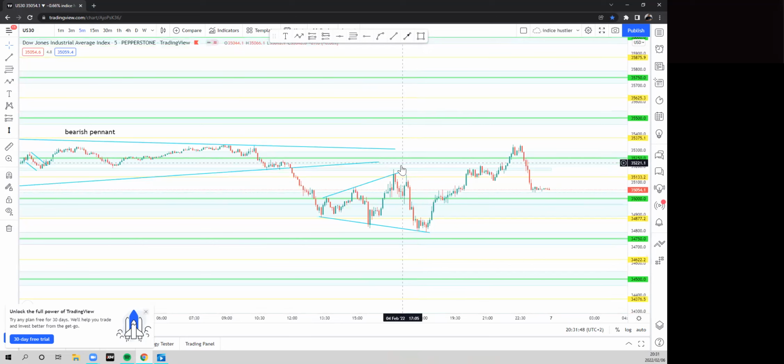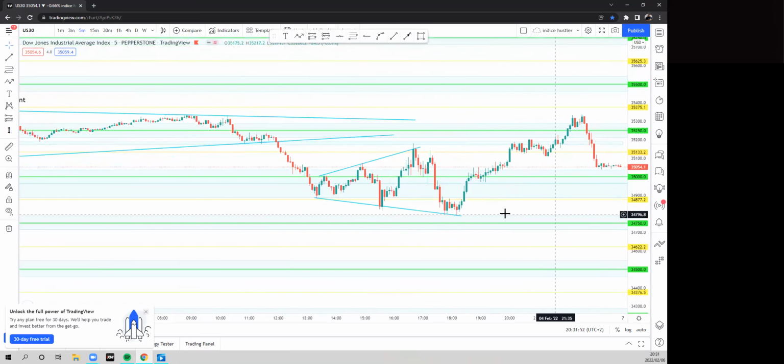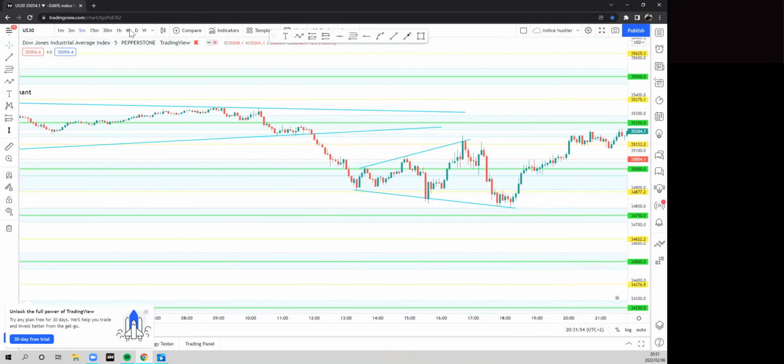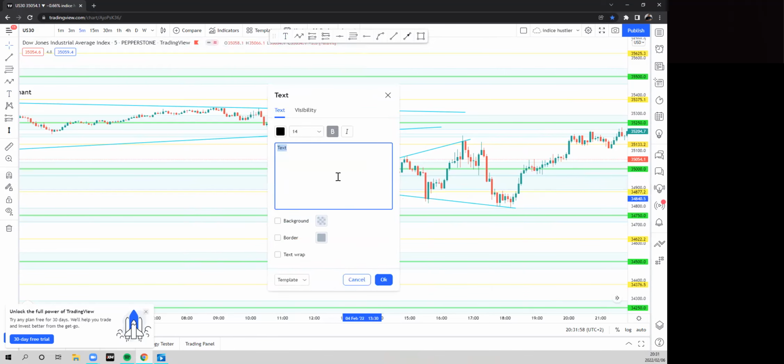So what I do now also, I want to add in a text so that it's there on my chart. If I ever need to confirm a pattern in future, I can just backtest.